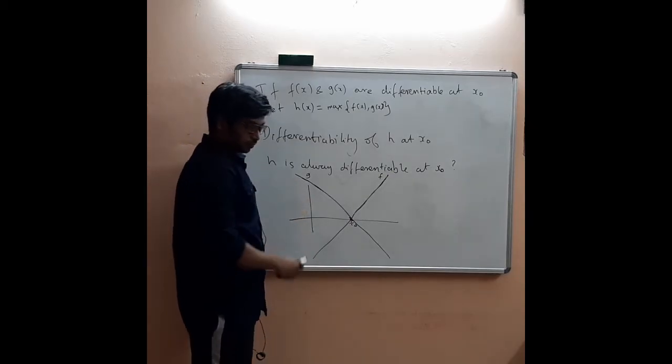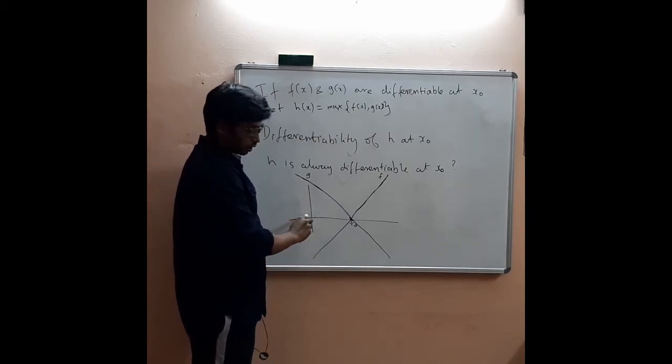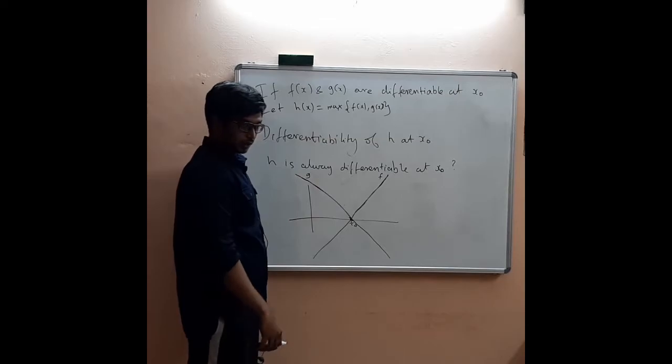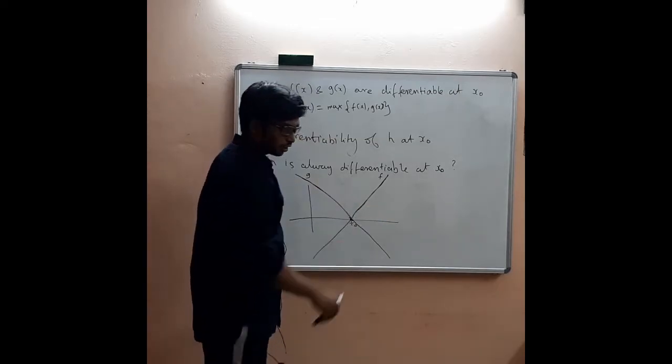The function g is decreasing to the left of x naught, and the function f is increasing to the right of x naught.